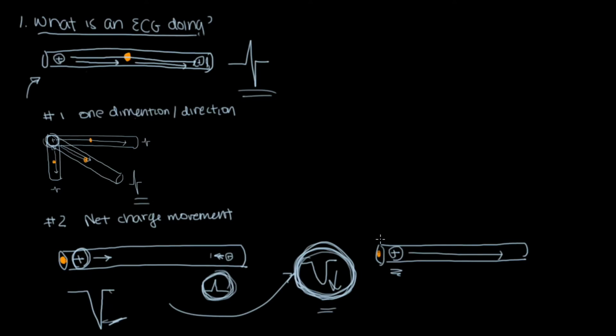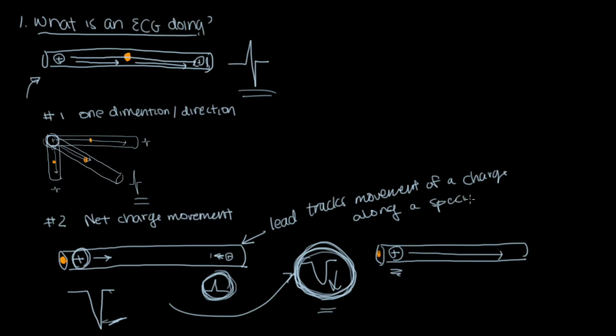And this is a good segue into why we have leads for ECG leads, because each of these tubes is a lead that tracks movement of a charge along a specific axis.